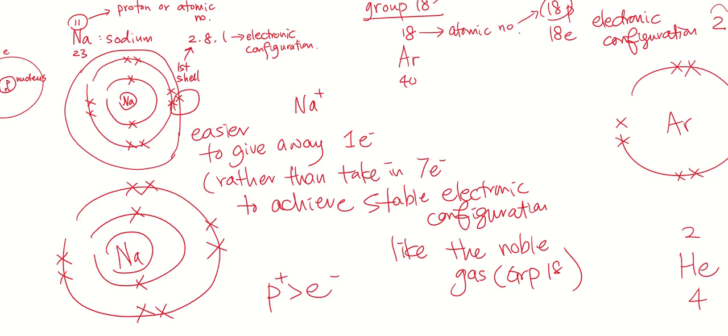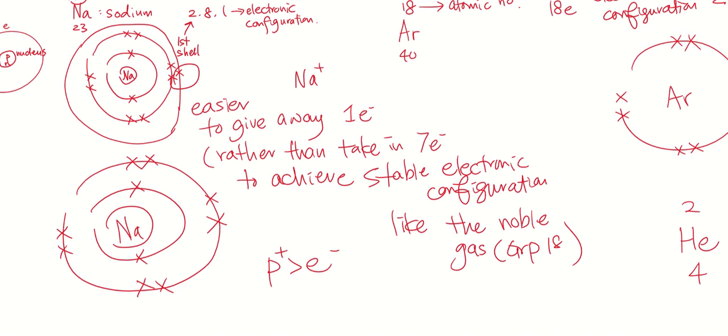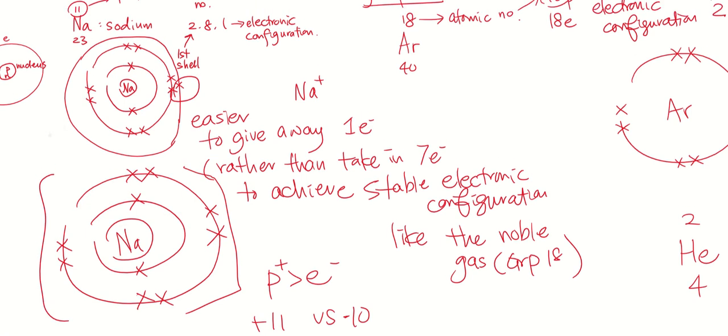So overall, how many more? 11 versus 10, right? Positive 11 versus negative 10. So what's the result? 1. The result is this thing now becomes positive 1.